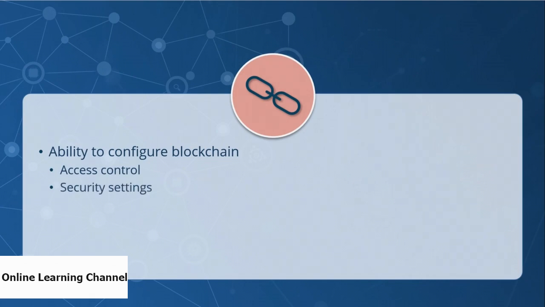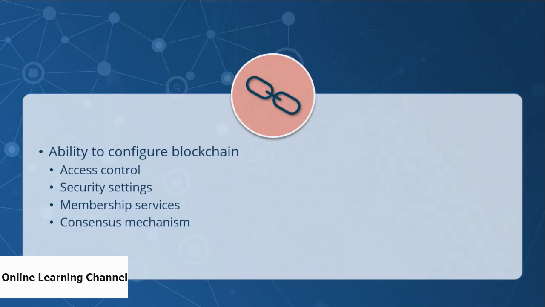This may include mechanisms to access the network and so on. And they may also want to set up their own membership services, which will regulate who has access to the network and how their identities are established. Companies may also wish to pick the consensus mechanism which is used in their blockchain network.